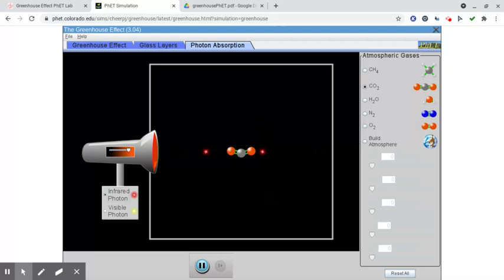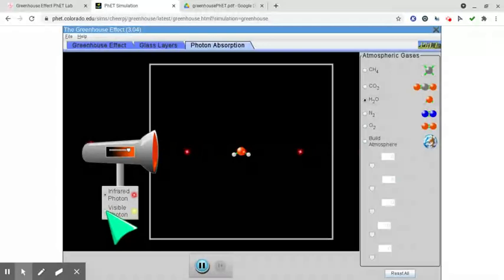Not all of it is passing by. Some of it is reflecting back. All right, let's look at water. Water is an atmospheric gas. It does bounce back some of the heat. And some of the heat still goes by and goes through.